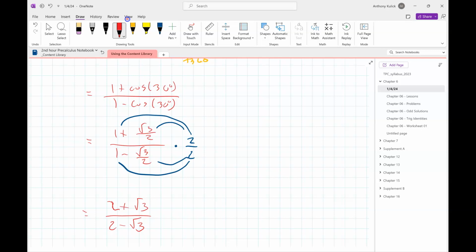What do I have a problem with, though, with this? What's still a problem here? What don't I like about this answer? We have a square root in the denominator. It's a tough question I'm about to ask. Who remembers how to get rid of that? So we're going to multiply by something. That's good.